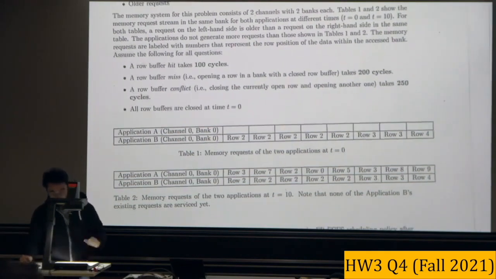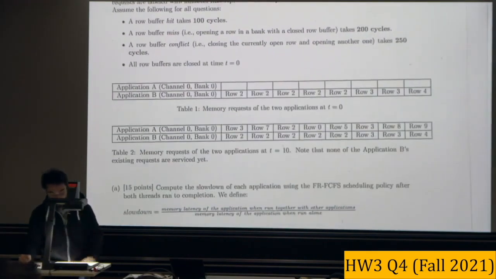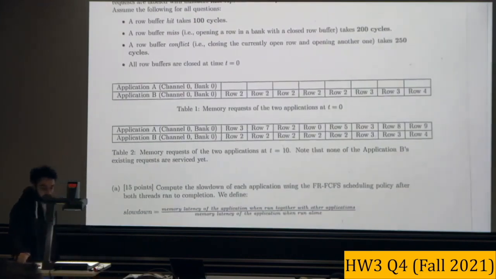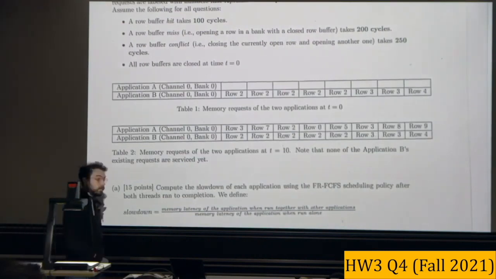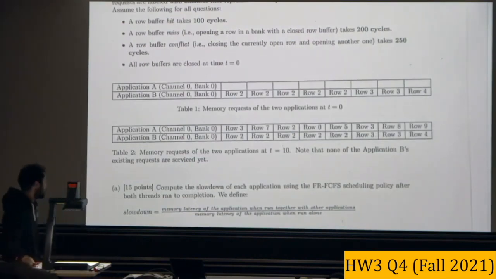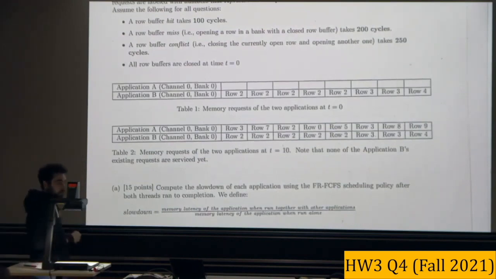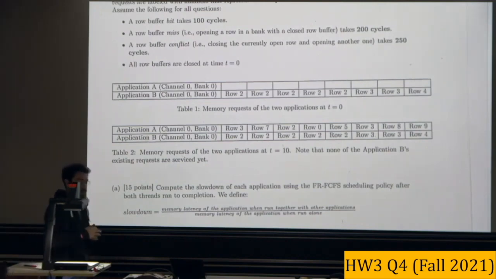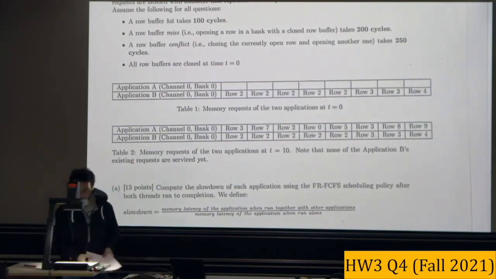So let's see the first question. We need to compute the slowdown of each application using the FRFCFS scheduling policy after both threads run to completion. We define slowdown as the memory latency of the application when it runs together with the other application over the memory latency of the application when it runs alone.